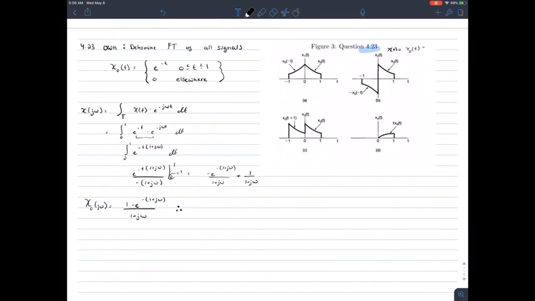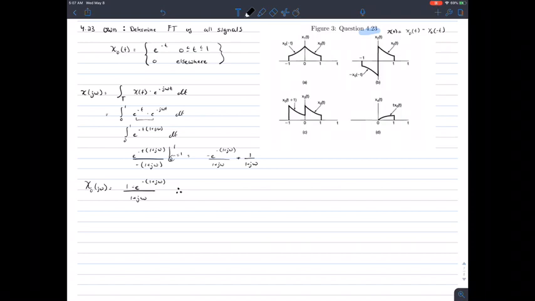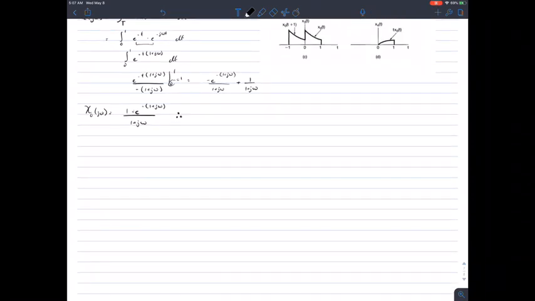So it's going to be x naught of t minus x naught of negative t. Your sheet doesn't say anything about minus, but it should be common sense. You're just minusing it after you do the time reversal.